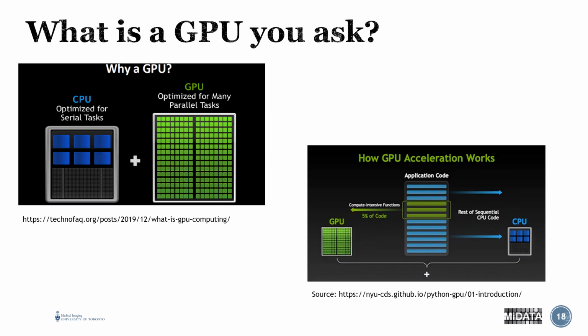I'm not going to go into detail, but at a high level, your central processing unit, or your CPU, is what drives your computer, and it has been optimized for serial tasks, which means one after the other.